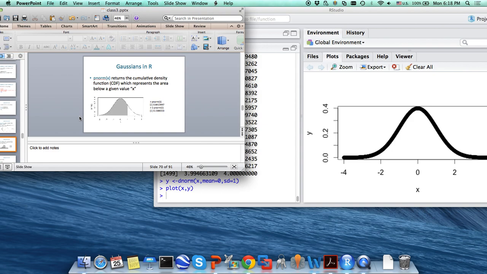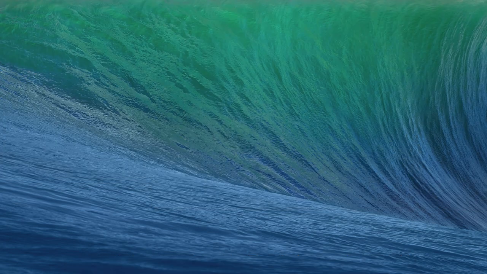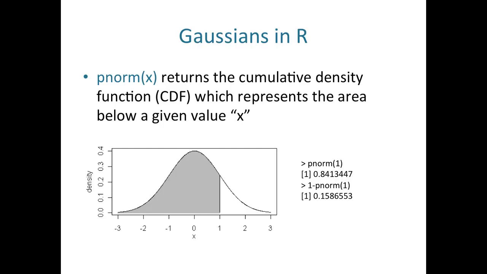And then we can also compute the cumulative distribution function. The pnorm is going to allow us to compute the probability that the value of x is going to be at most a given value. So for example, if we have this Gaussian distribution, what's the pnorm of 1?